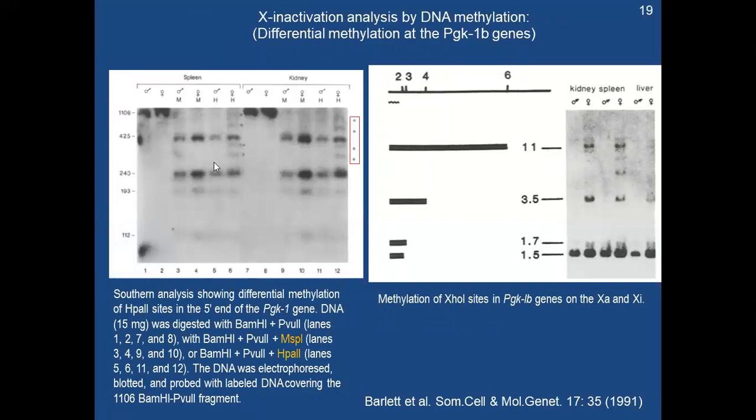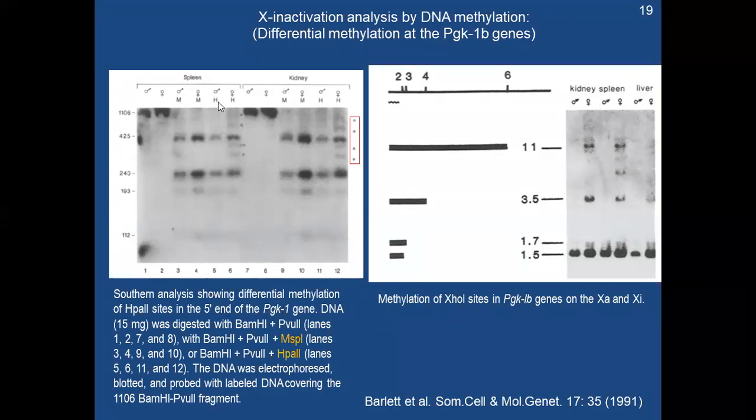We are going to probe this blot with the PGK1 gene, and PGK1 is an X chromosome gene which is inactivated. So we are going to digest our genomic DNA obtained either from male or female, but spleen or kidney, with either one enzyme, MspI, or HpaII.